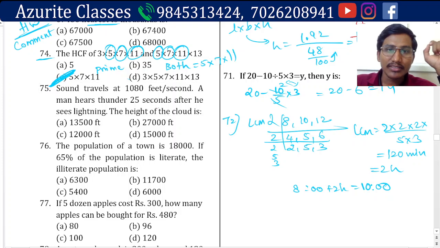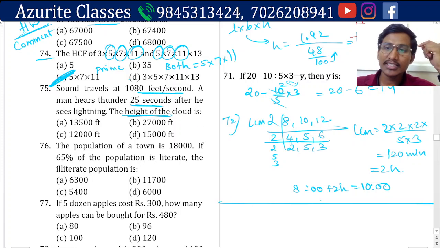So that gap is 25 seconds, and they have given the speed. Height means distance. How do you find distance? Distance is equal to speed into time.